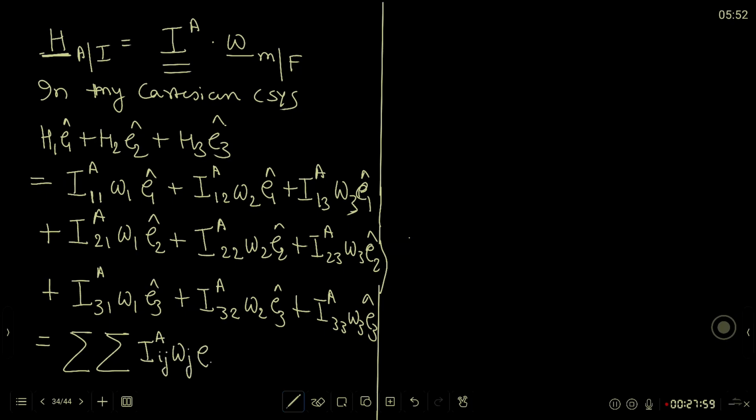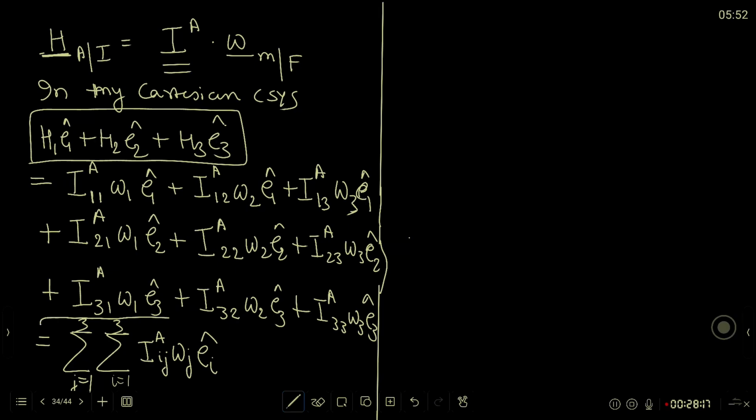So if you compare this here and this here, it means that H1 is I_A11 omega 1, I_A12 omega 2, I_A13 omega 3, which can also be inferred from here actually.